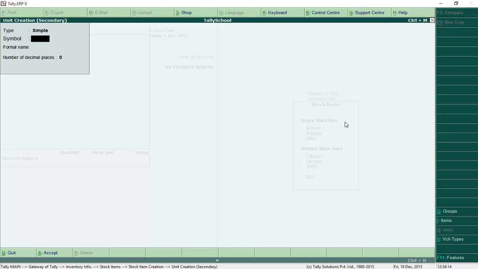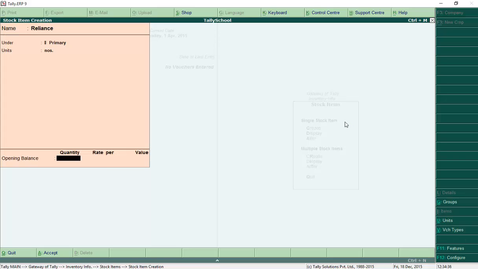Stocks are in numbers, so we'll type NOS, that is numbers, and you can enter a formal name if you want. Number of decimal places, let's keep it to 0, so no decimals will be allowed, and press enter to accept it. So we have just created the unit, that is numbers.